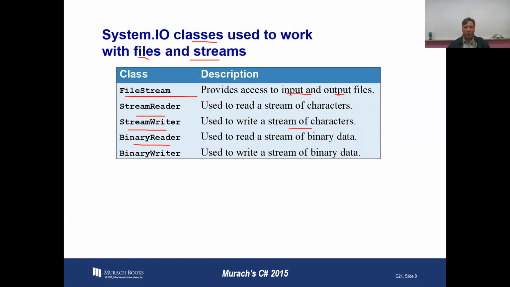There's BinaryReader, and that's used to read in a stream of binary data, and that could be any kind of data. A common file type for binary data that we might see are image files, like .jpg files or .gif files or .png files, and those are just bunches of binary data, a bunch of ones and zeros, and you use a binary reader to read them from the disk.